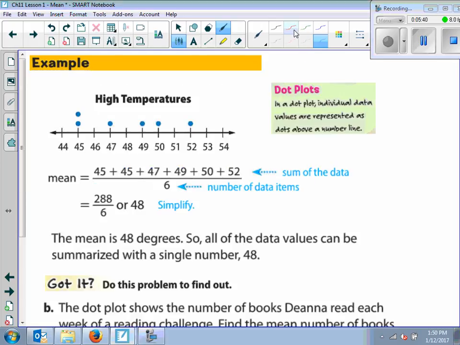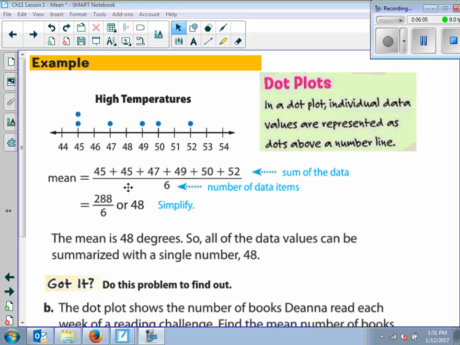I do want you to write down this definition of dot plots. In a dot plot, individual data values are represented as dots above a number line.